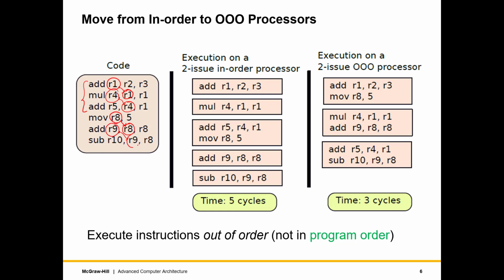So in the traditional in-order pipeline, even if we are limited to, let's say, a 2-issue in-order processor, we will execute the first instruction, then the second. The only parallelism that we see is with the third and fourth instructions. Then again, the fifth and sixth instructions are executed without any other parallel instruction executing.